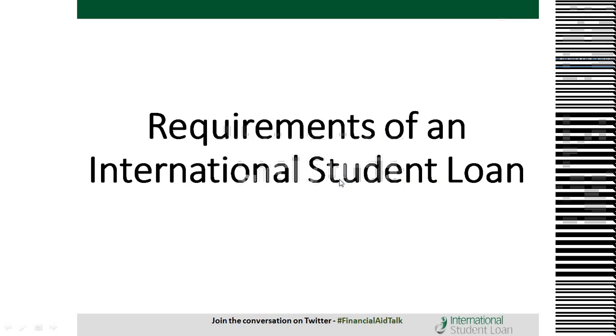The cosigner is valuable because it affects the interest rate you'll get. The better your cosigner's credit, the better and more favorable your interest rate will be. If you are unhappy with the terms you got, you can always find another cosigner instead.